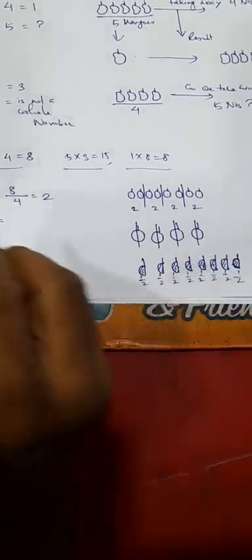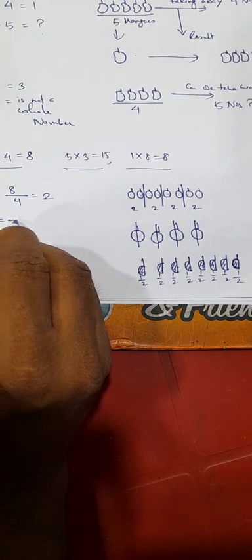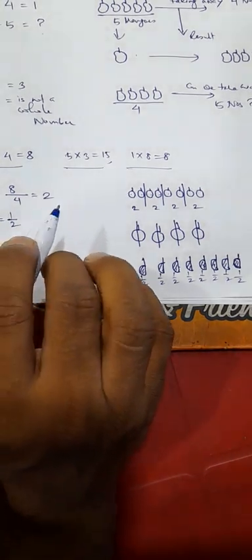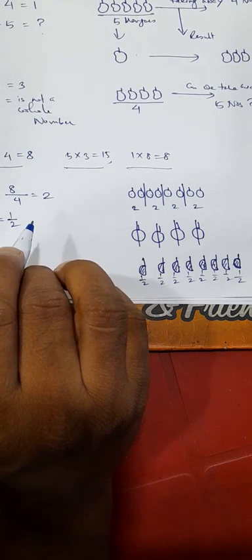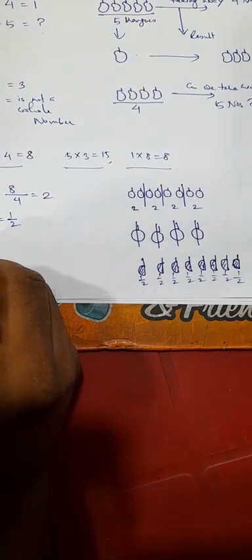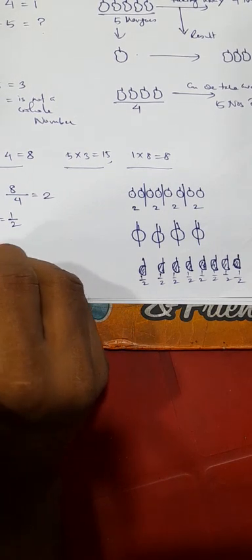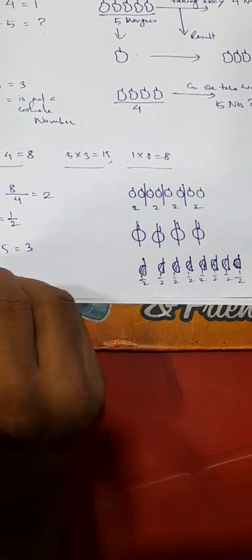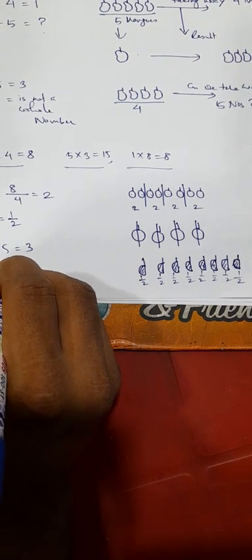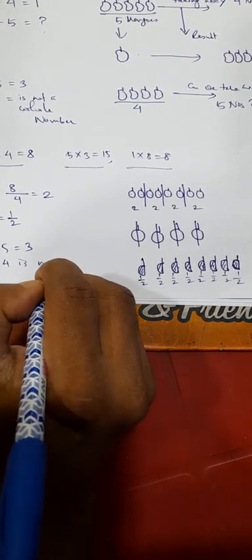It's a fraction, so it's not a whole number. That means division of any two whole numbers is not always a whole number. For example, 15 divided by 5 equals 3, but 5 divided by 4 is not a whole number.